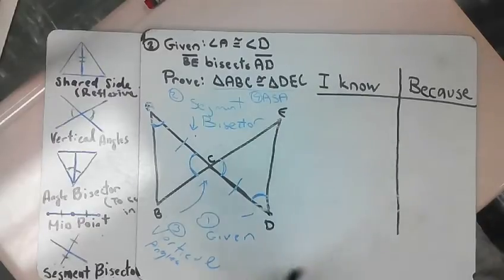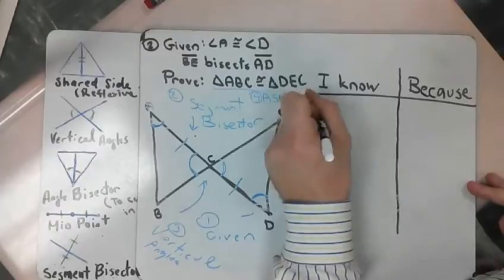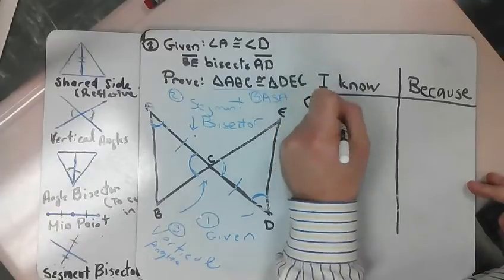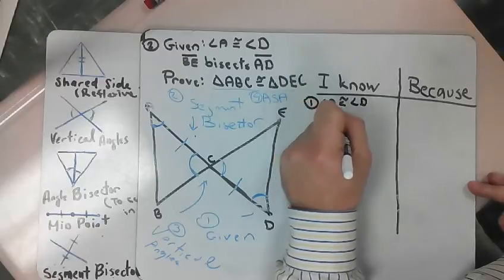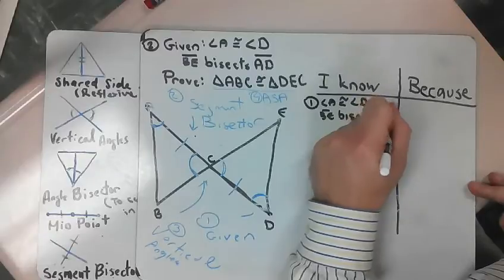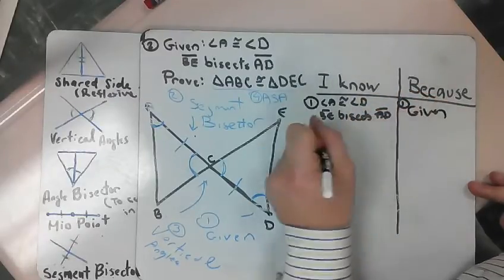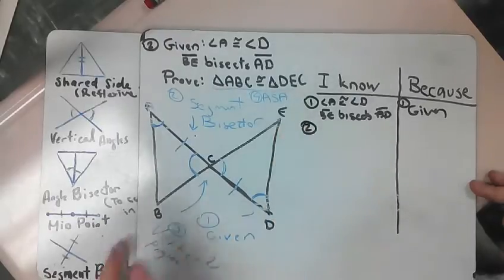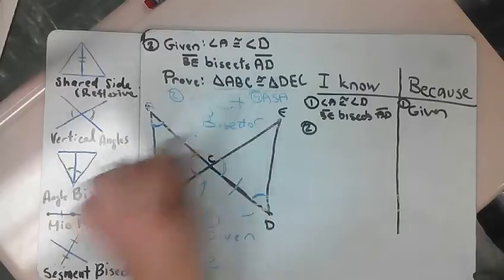All right, let me write this up. So, line 1 has to be the given. So angle A is congruent to angle D. BE bisects AD, and that is given. Line 2, we said that BE bisects AD.